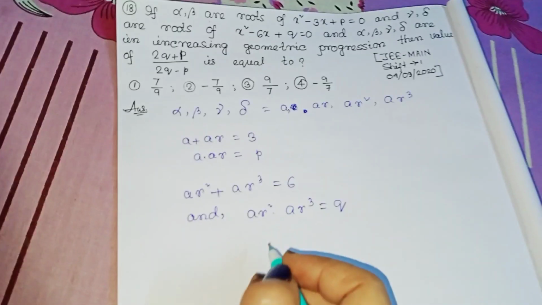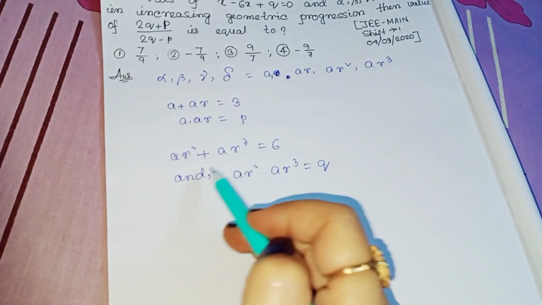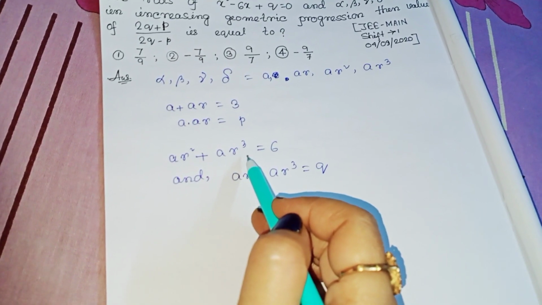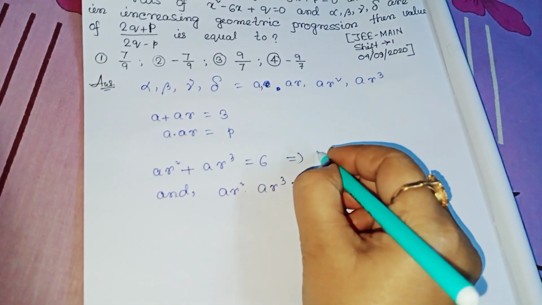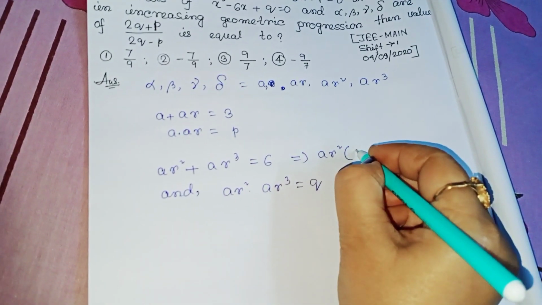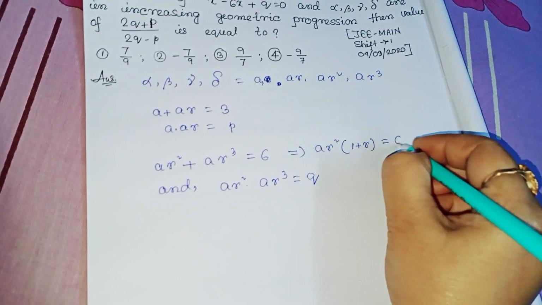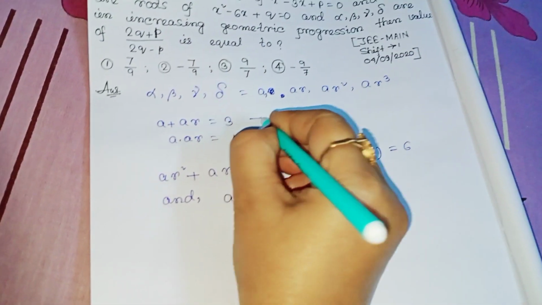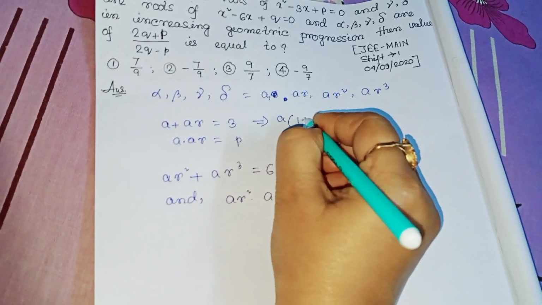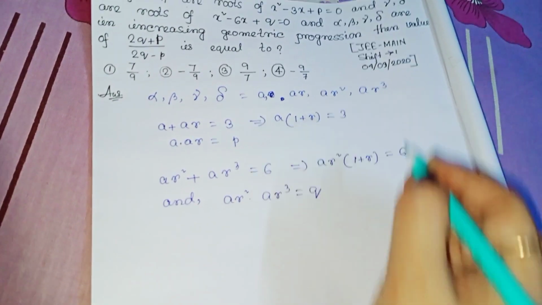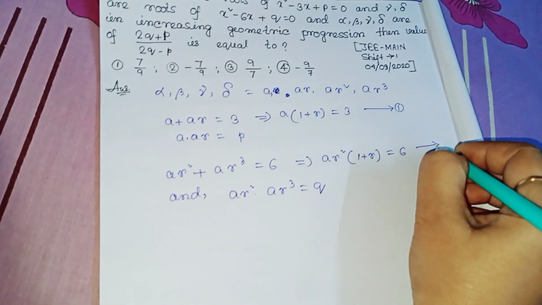So first we take common in this, so that implies ar square into (1 plus r) is equal to 6, and simplifying this we may write a into (1 plus r) is equal to 3. So this is equation 1, this is equation 2.